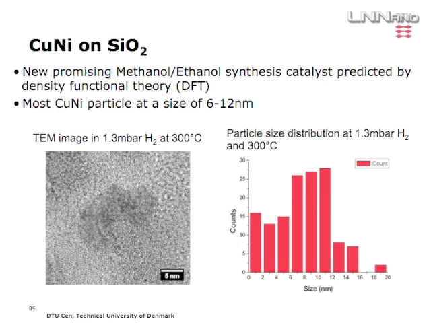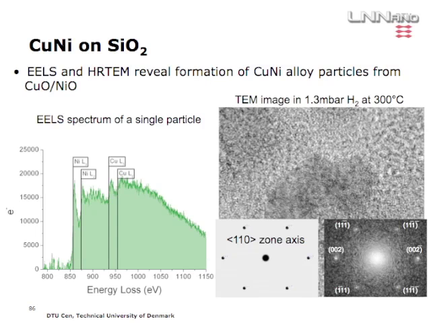This is one of these particles, and we have made a particle size distribution of it here. Looking closer, and we heard a lot about EELS yesterday, here's the EELS spectrum of this material, which we can use to quantify the exact composition of these particles. We can also use the Fourier transform of the high resolution micrograph to see what compound it was, and it turned out to be copper 1 nickel 1.